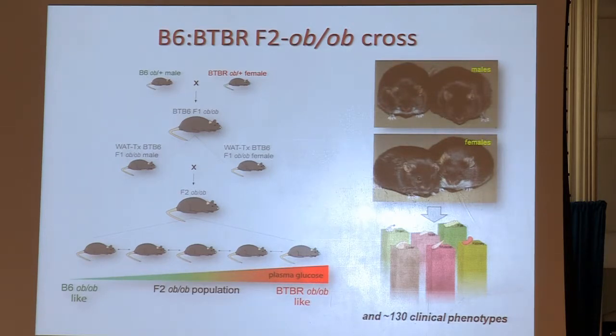And the value of the F2s is that they segregate from the most severely diseased animals, as if they got all of the bad alleles from the BTBR mouse, to the most supremely protected, sort of bulletproof. They got all of the good alleles from the B6, and undoubtedly there's good alleles in the BTBR that they also got. So the point is to take these genetic differences in these 2 mouse strains and randomize them together in this large population of F2 mice.